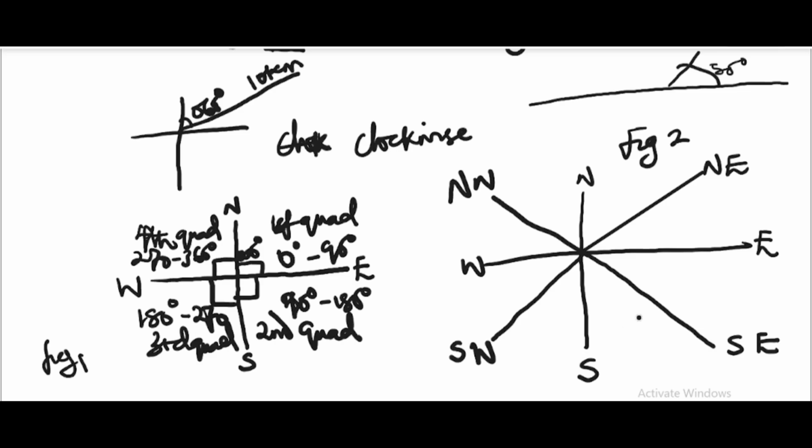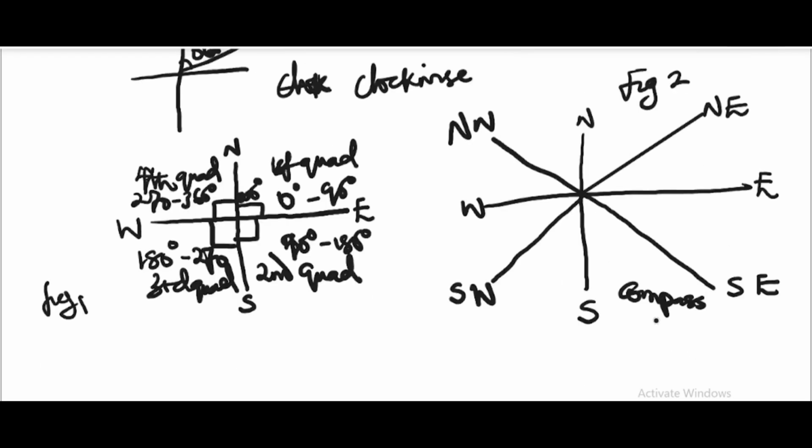Now, this second figure is what we call the compass bearing. That is when you locate positions or call positions depending on where they are. You say, I've gone 30 degrees northeast. Another person will say, me, I walked 30 degrees southwest. The same 30 degrees, another person will say, me, I walked 30 degrees northwest. So it is called the compass bearing.